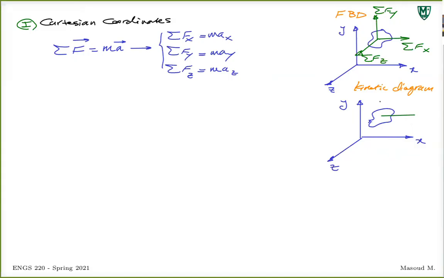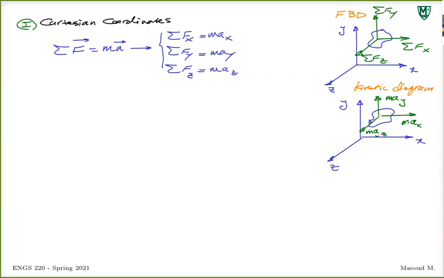Now you have components of acceleration. This is new. This one we didn't have. This is going to be your ax, ay, az. Now we multiply that by m. m is just a constant: max, may, and maz.